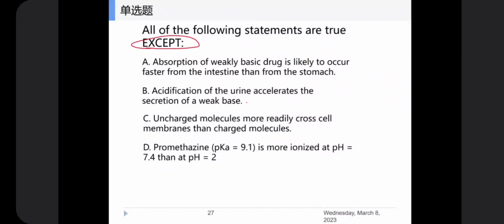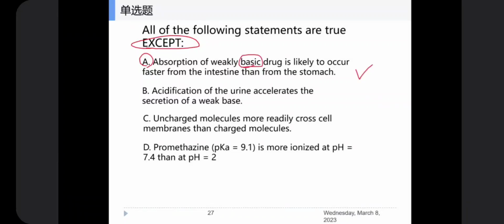Okay, let's see it. First one, choice A: absorption of a weakly basic drug is likely to occur faster from the intestine than from the stomach. Okay, this is right because this is a basic drug.